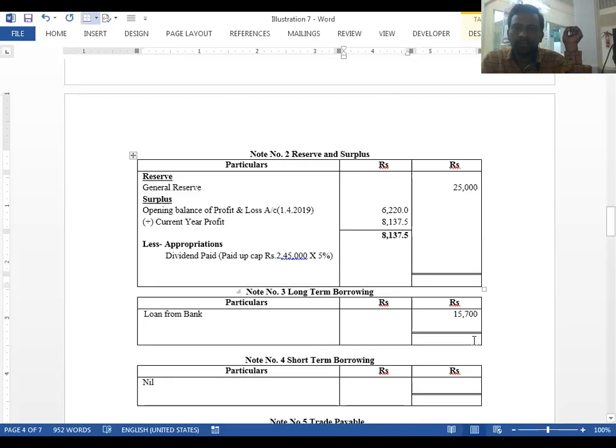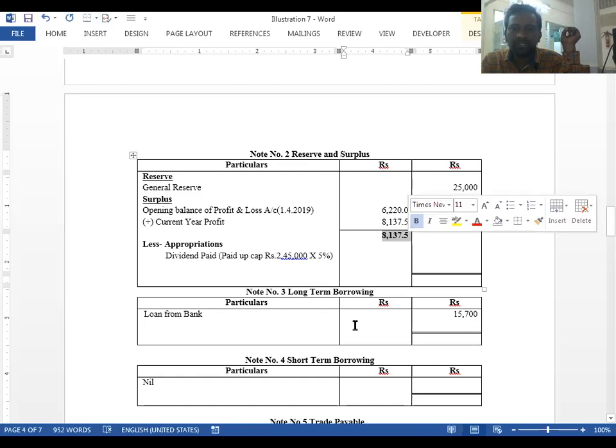2,45,000 multiplied by 5% is 12,250. Sorry, what is the total of 6,220 plus 8,137?